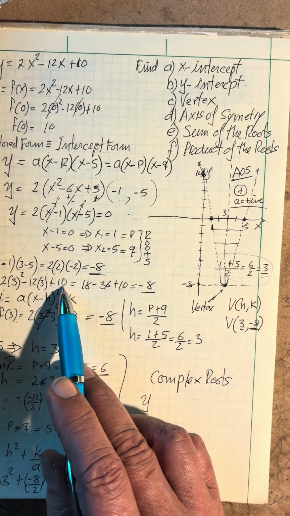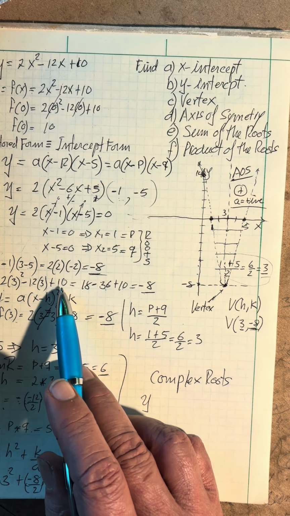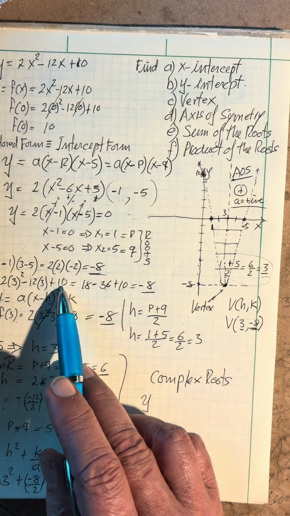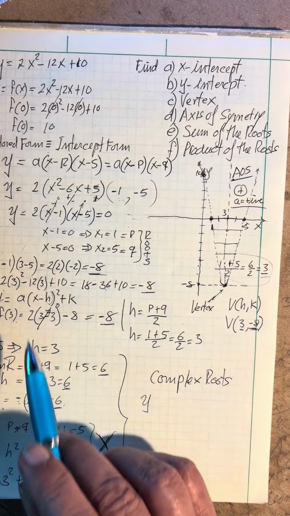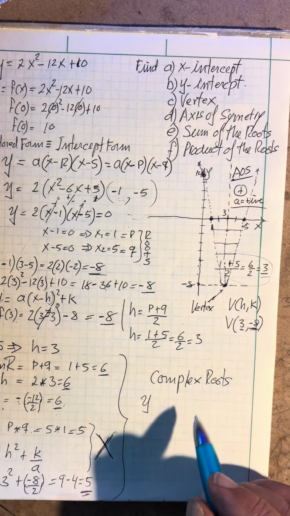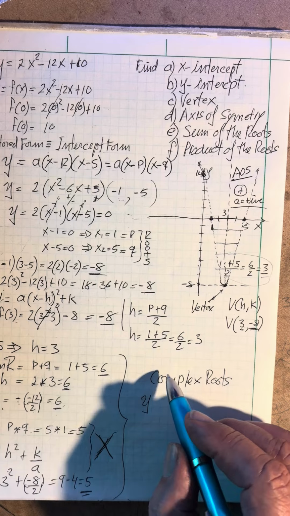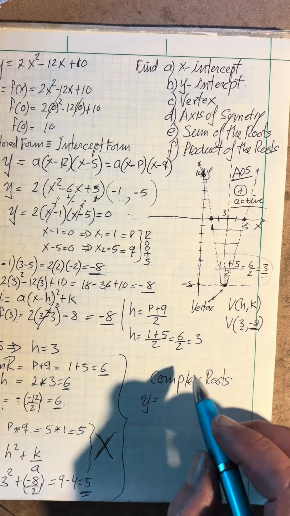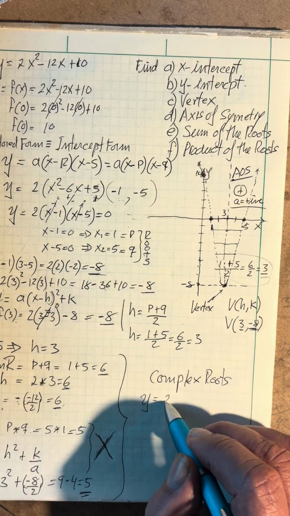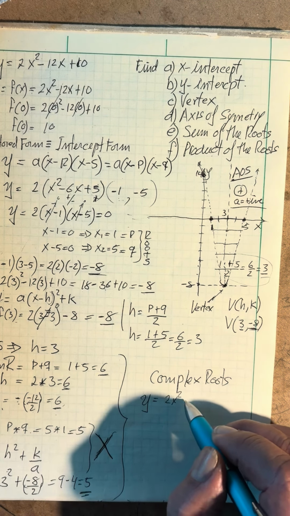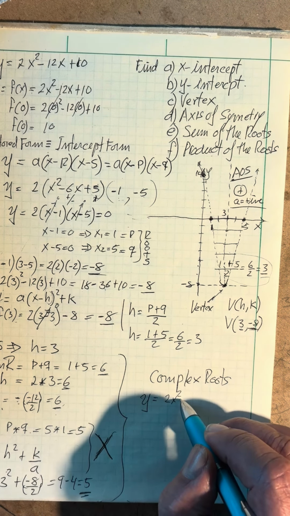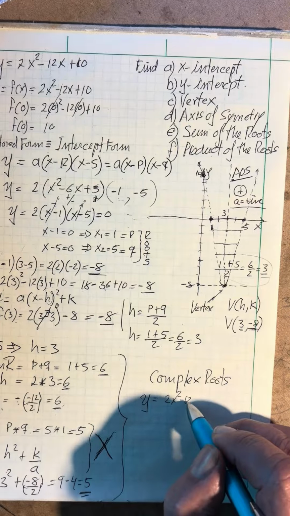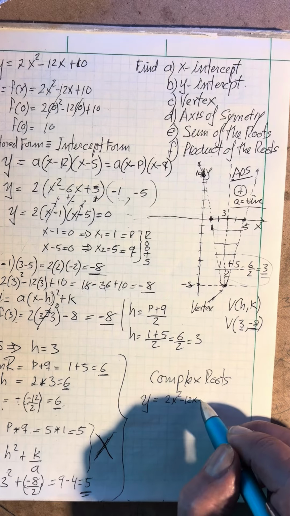I'm going to make this negative. Let's see what happens if I make that negative. So we'll have 2x squared minus 12x minus 10.